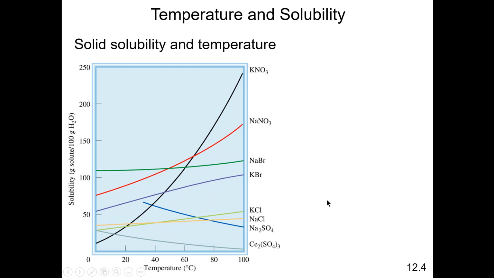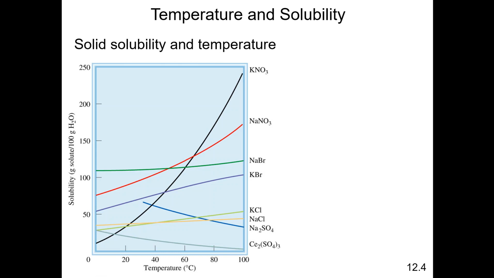But you have a few substances where the solubility actually decreases as the temperature increases. One example of that is sodium sulfate, shown here. And here we have cerium(III) sulfate, again showing that unusual decrease in solubility as the temperature increases.